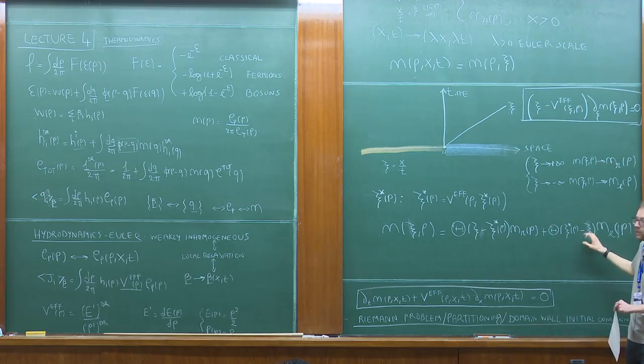In this way, you have a solution that satisfies this boundary condition, and at the same time is constant everywhere, except at the values of xi equal to xi star. Is this clear? Is it better?